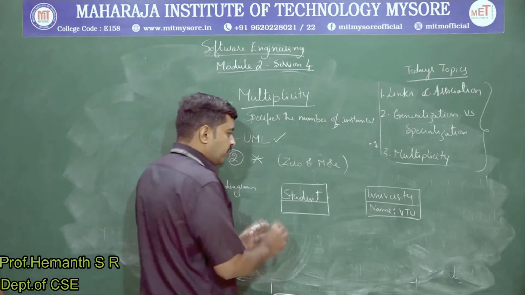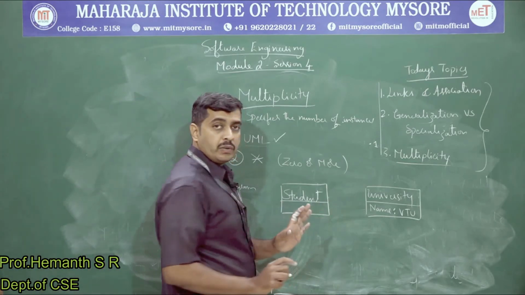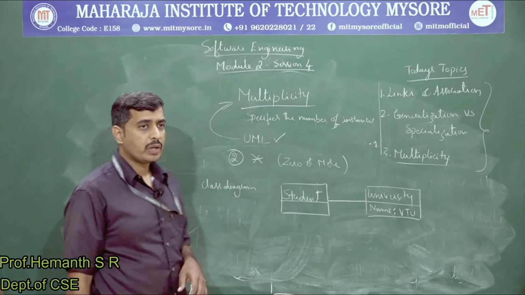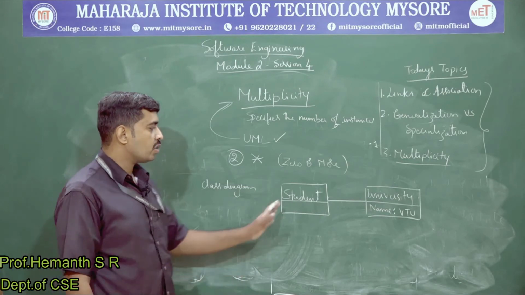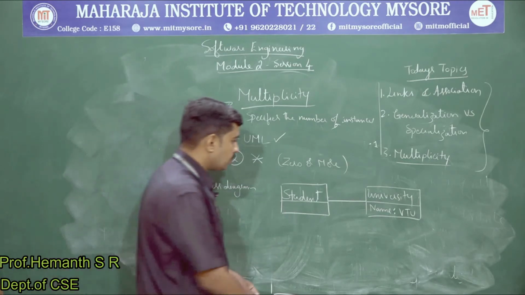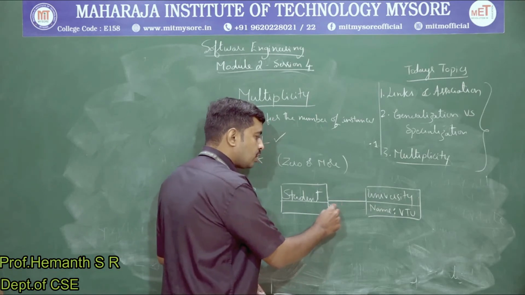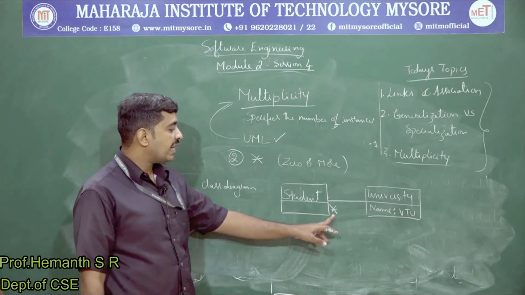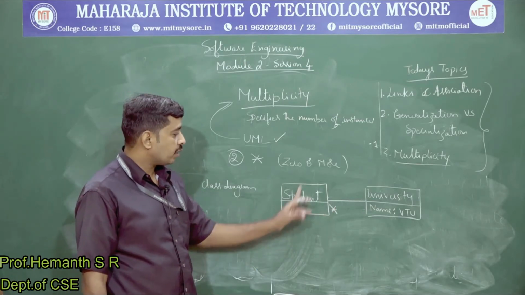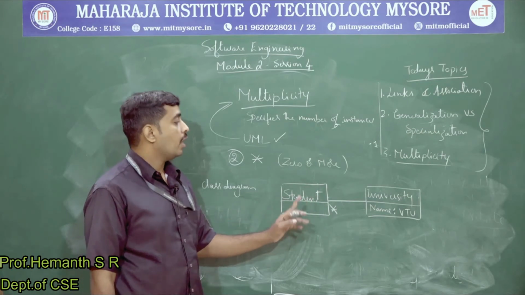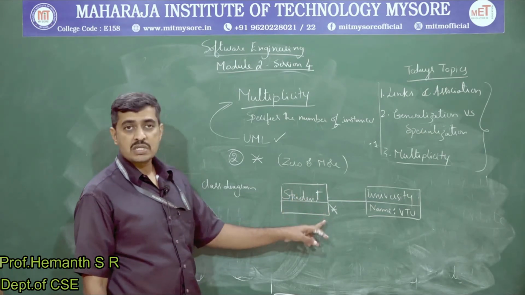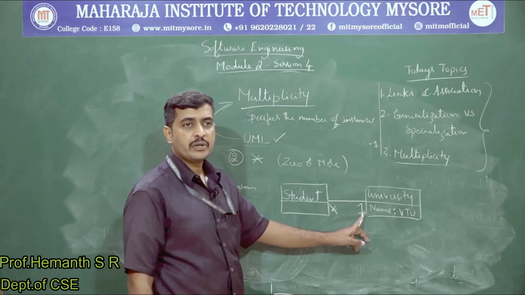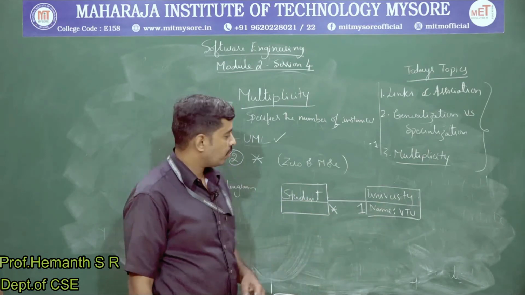Definitely there is a relation between the student class and the university class, which I will indicate by a link or a line. Now how many instances of students are possible here? It is not 1, it is not 2, it is not 0, so it is more than 1, indicated by an asterisk, meaning there can be n number of students, and all these students are associated with one university, which is VTU.